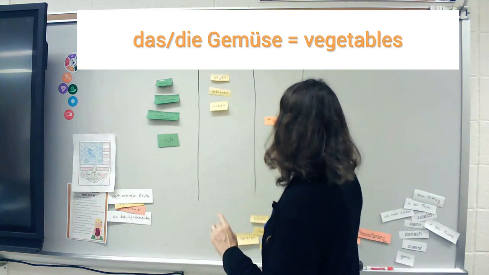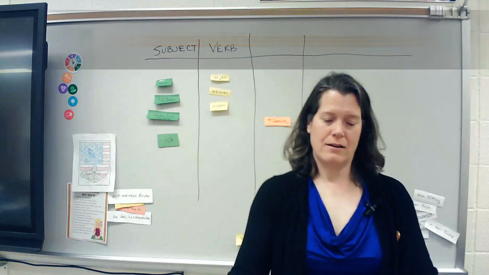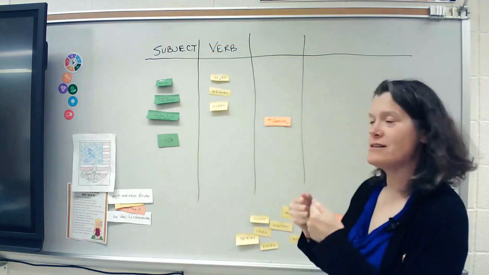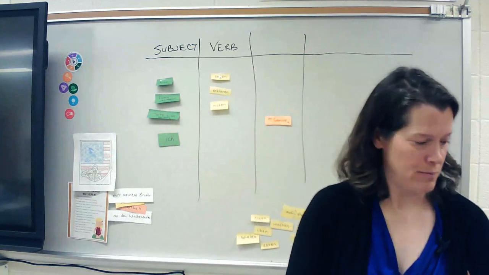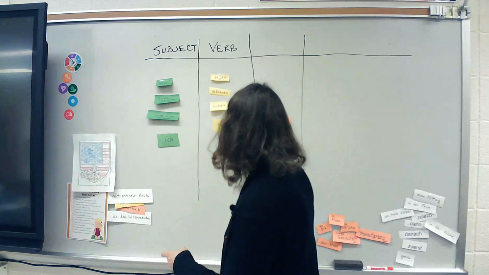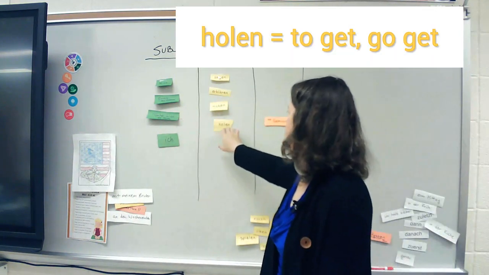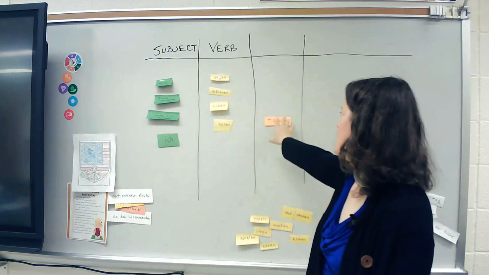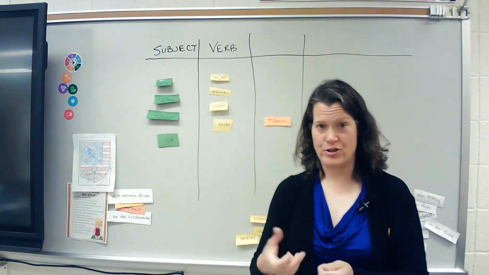The vegetables aren't doing anything in the video. Tante Lise is doing something with the vegetables. She gets the vegetables, holen. She goes and gets the vegetables. Now, die Gemüse, the vegetables are being gotten by her. She goes and gets them.